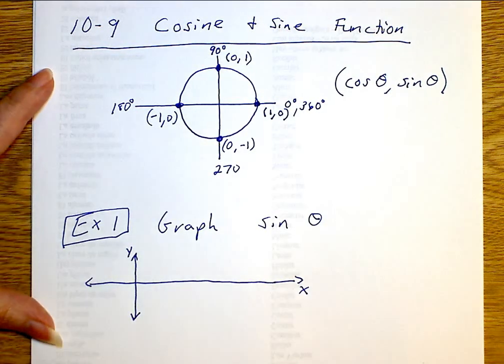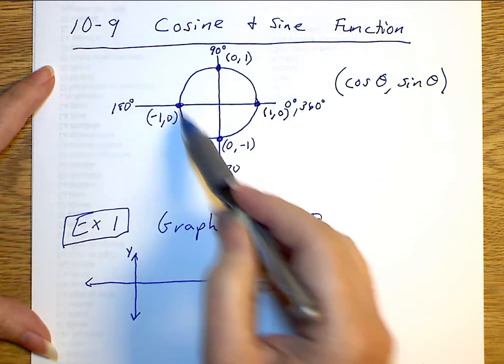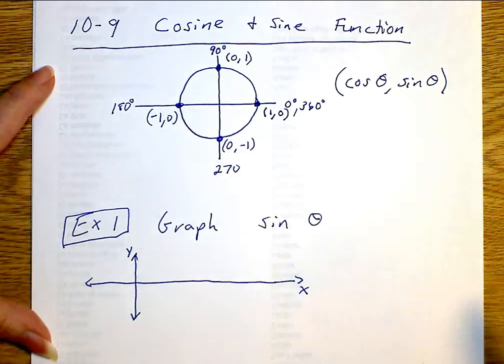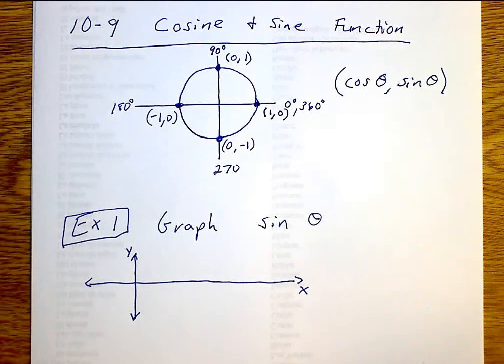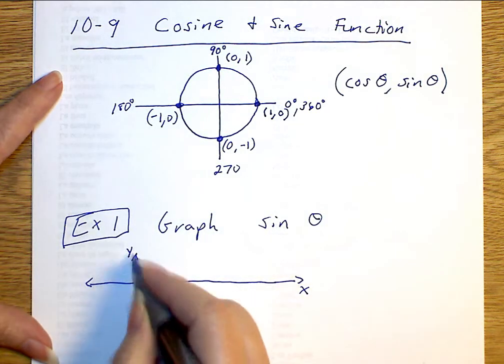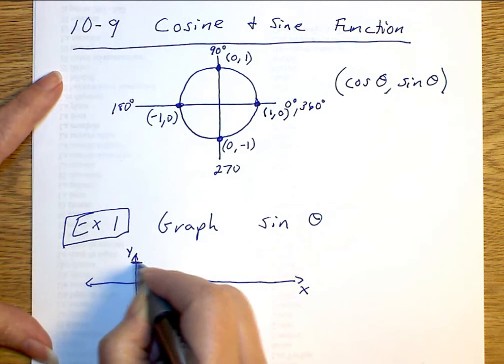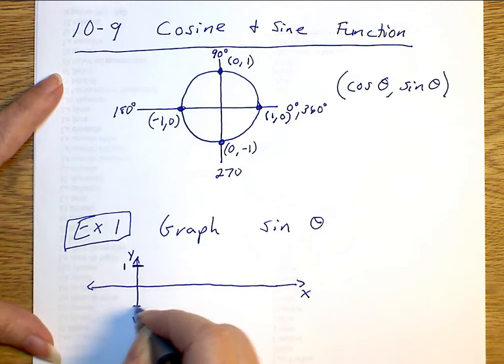We know that on our y's, sine goes between, and cosine, what's my lowest number that they go between? -1 and 1 is right. So on our y-axis, we go to 1 and we go down to -1.